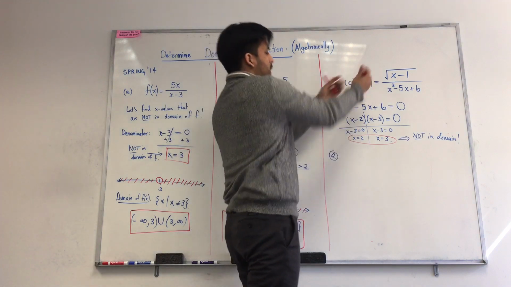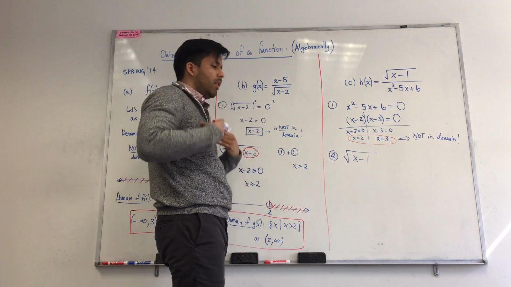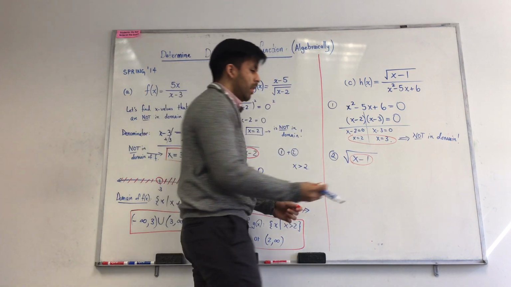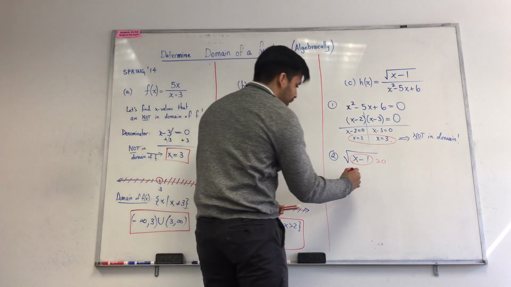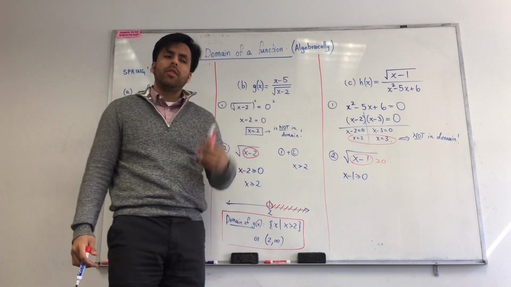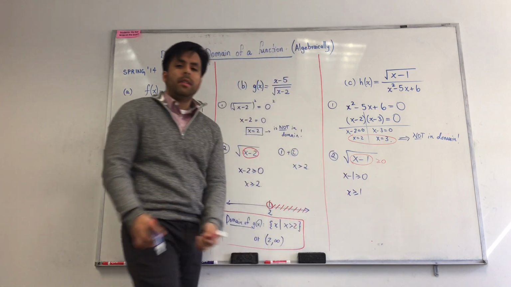So I say, what's my square root function here? I got x minus 1. And I know that whatever is underneath here must be greater than or equal to 0. So then what do I say? x minus 1 is greater than or equal to 0. Solve for x. So x is greater than or equal to 1.